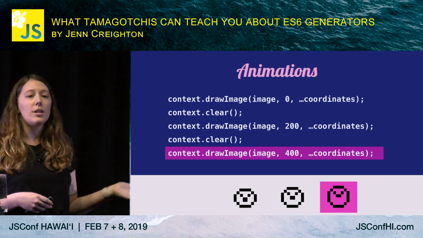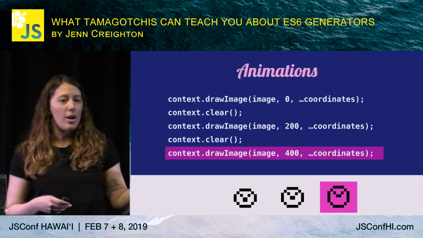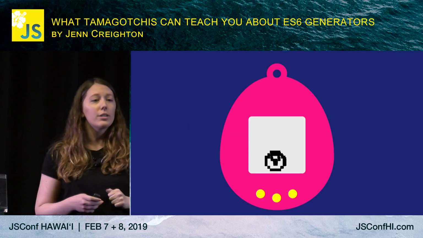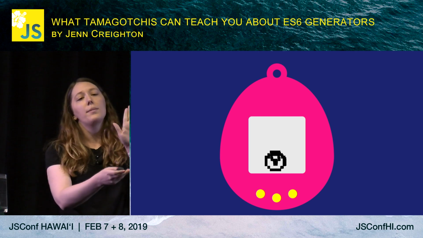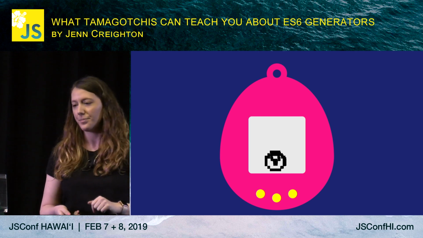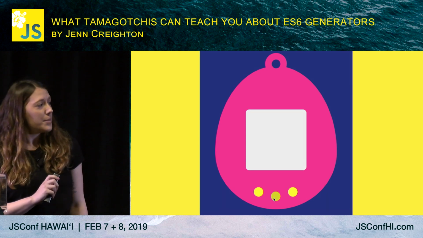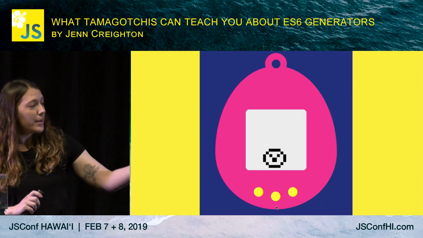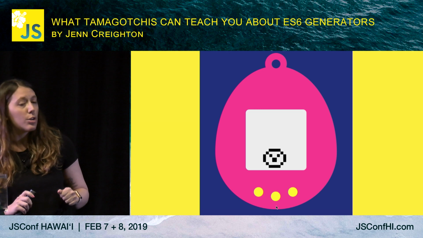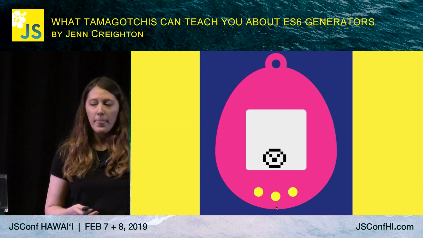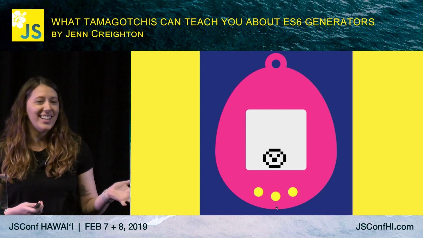Now, you'll notice that I'm doing context.clear between these drawings, and that's to avoid this situation. So if you don't clear the context between drawings, all the frames just draw on top of each other. All right, so as it's written now, this isn't going to work. It's actually drawing and clearing so quickly that you're only seeing the last frame of this. So that's not going to work.